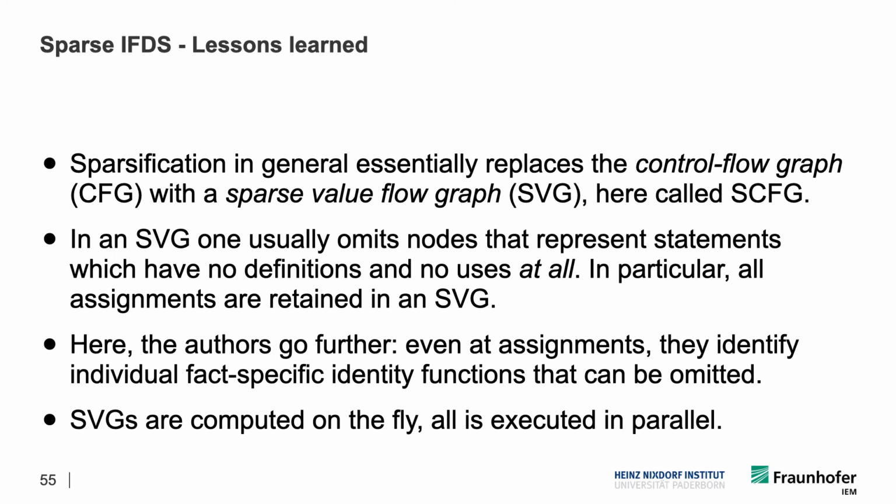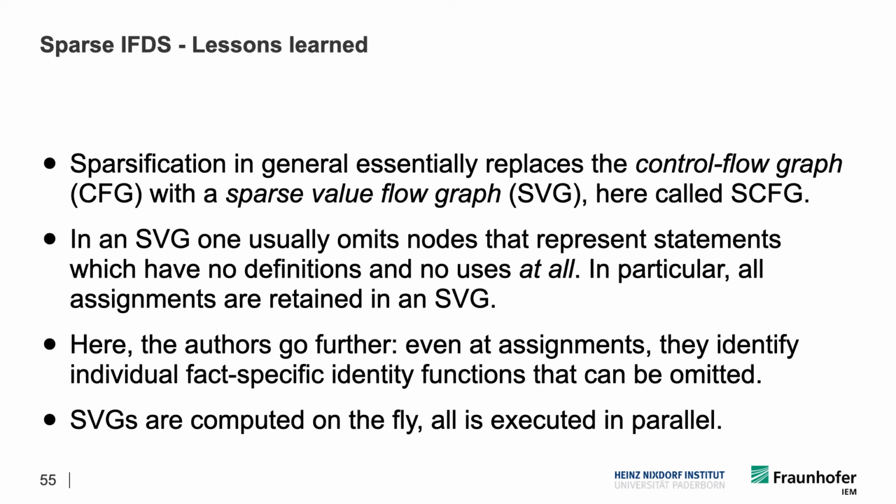Here in the paper, they call this a sparse control flow graph, but I actually think the term value flow graph is more appropriate, because this graph that you also saw on the slides, to some extent, is still encoding control flow, but in some cases, it's also missing control flow that is actually in the program.